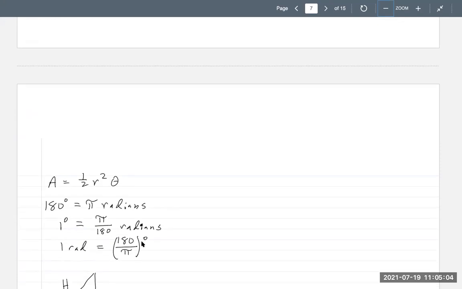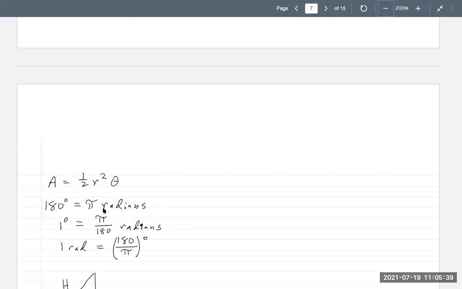In calculus, the reason that we use radians is that all of the formulas are much easier when dealing with radians as compared with degrees, gradians, etc. So from now on, I will always assume that everything is written in terms of radians, unless otherwise specified.